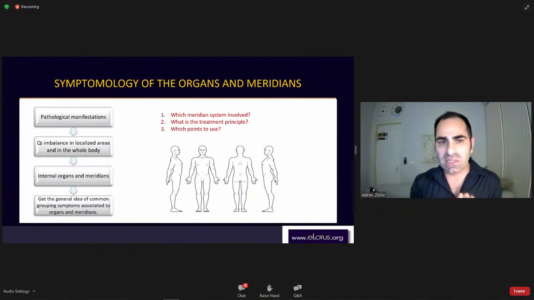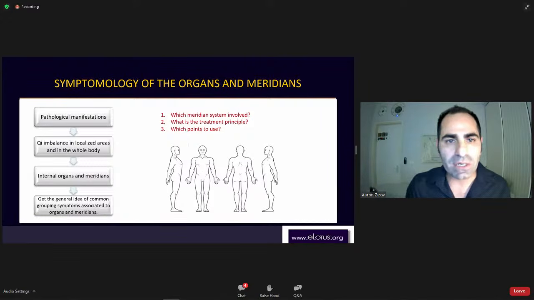We don't need so much time to do that, because the patient can just make a marker here. If the patient tells you, my pain is, where is the drawer? Okay, the pain is here, this area is very painful for me. Immediately I need to think, which meridian goes here?